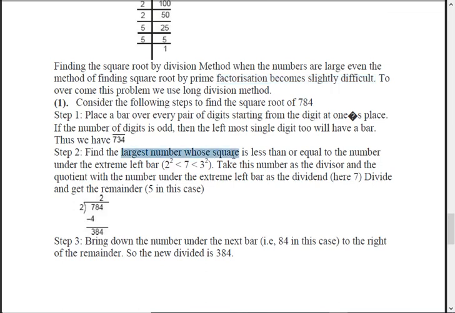Find the largest number whose square is less than or equal to the extreme left, less than 7, so 2 squared. Take this number as a divisor and quotient, and subtract it from the number under the extreme left bar: 2 times 2 is 4, and 3 remains, so 384 over here.